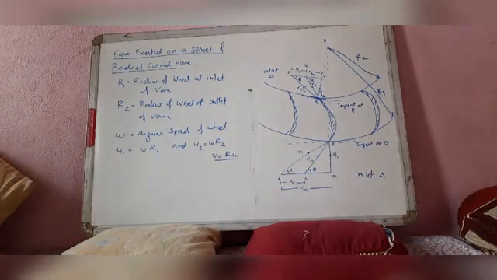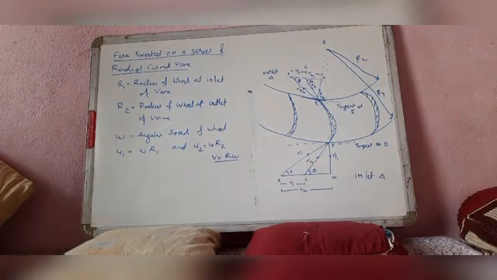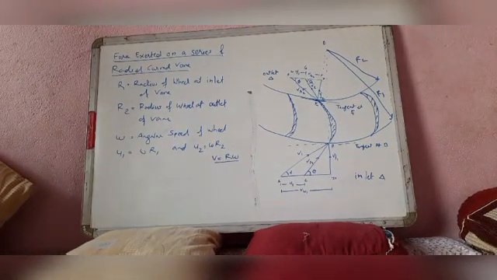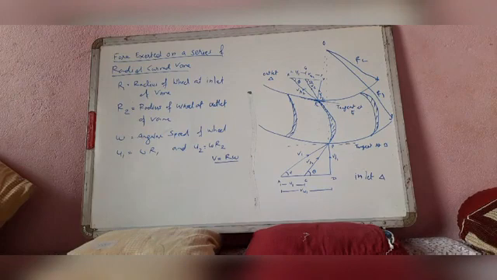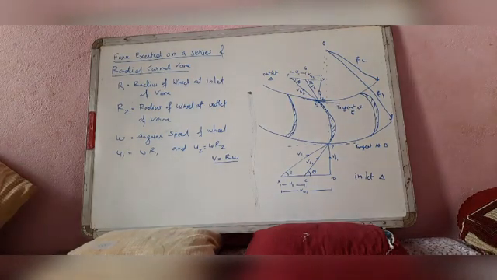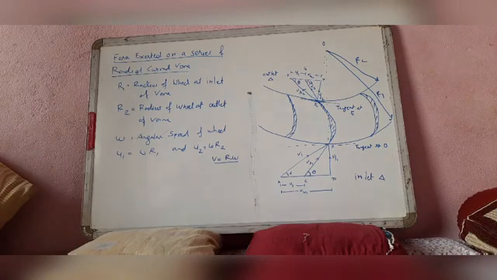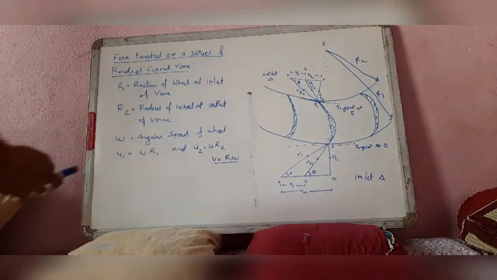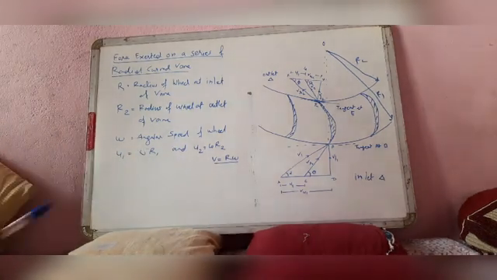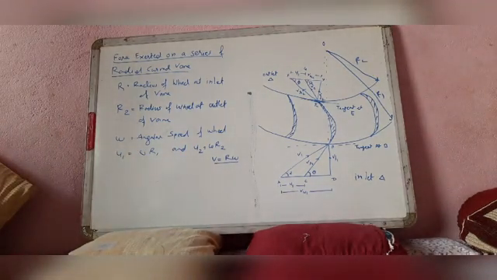R1 is the radius of the wheel at the inlet of the vane, R2 is the radius of the wheel at the outlet of the vane. Here omega is the angular speed of the wheel, and as we know V equals R omega, so U1 equals omega R1 and U2 equals omega R2.